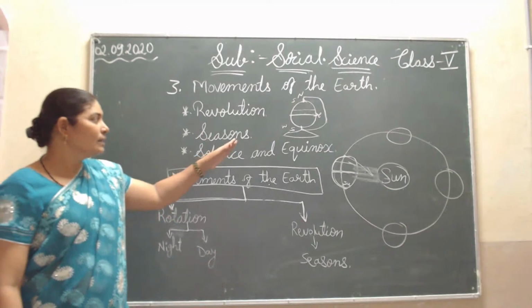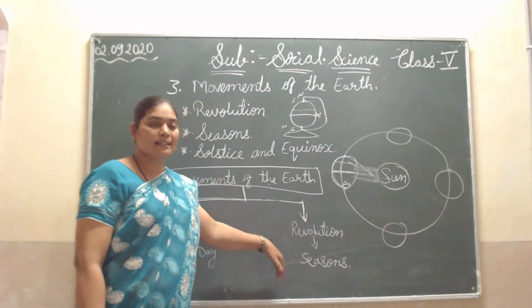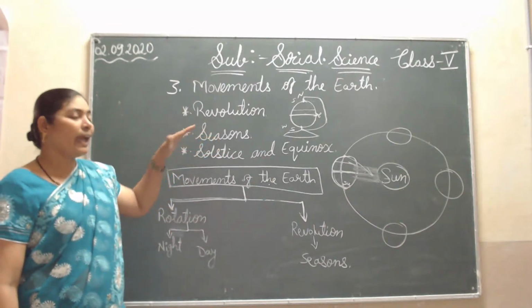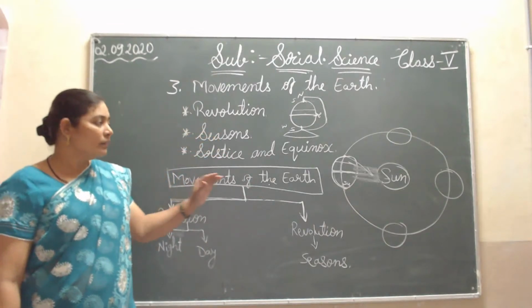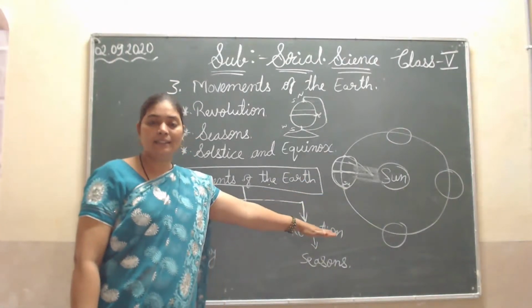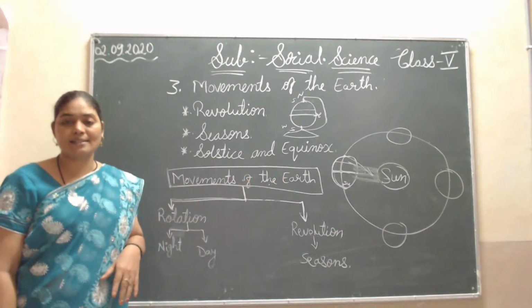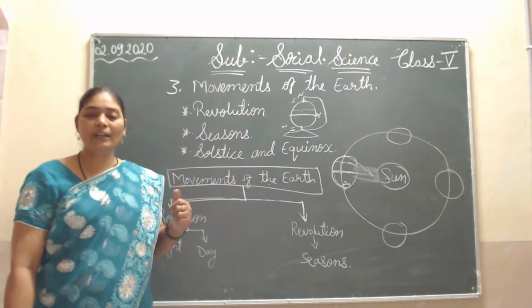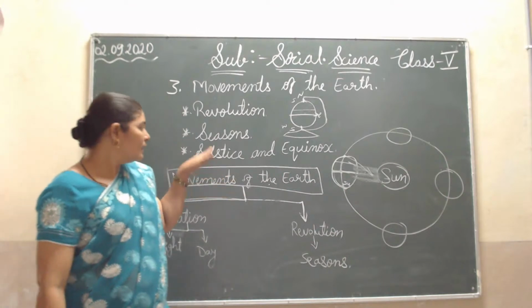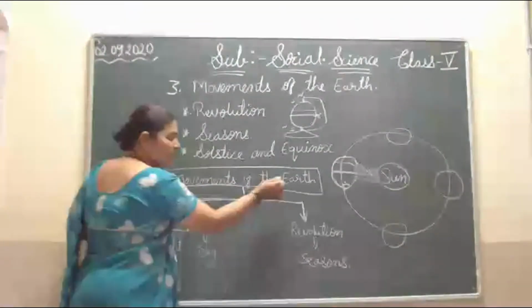In revolution, what comes? Seasons. How? When the Earth moves around the sun on its orbit, it causes the seasons: summer season, winter season. So it is called the revolution of the Earth.